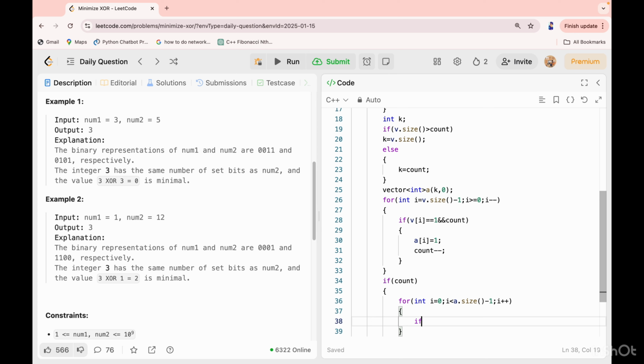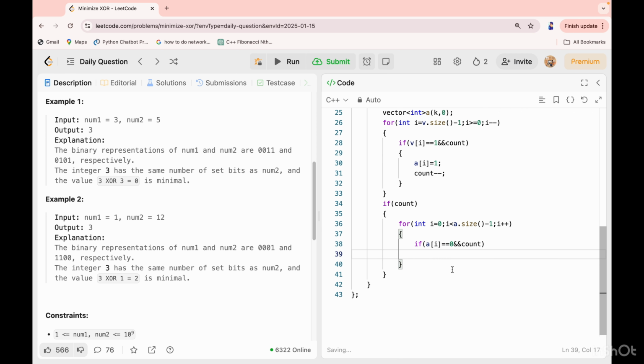Now we will check if at that index the value is 0 and count is existing or not. If it is happening, then we will mark at that vector 1 and count will be decreased. Okay, now this loop is completed.